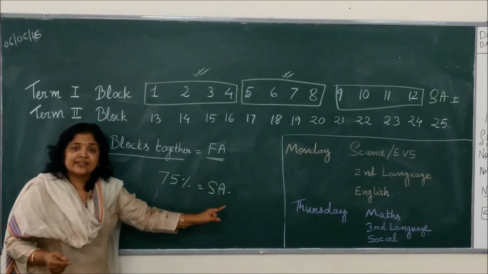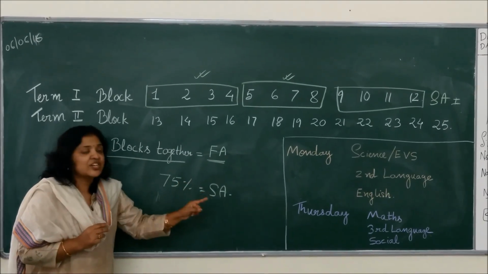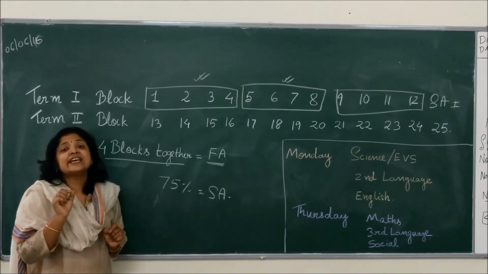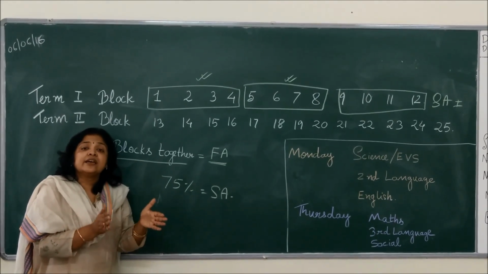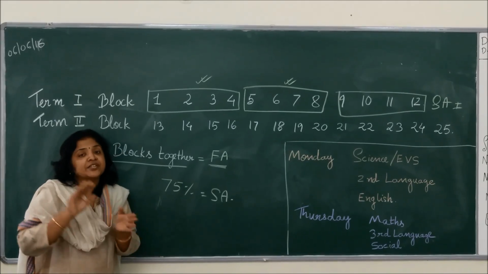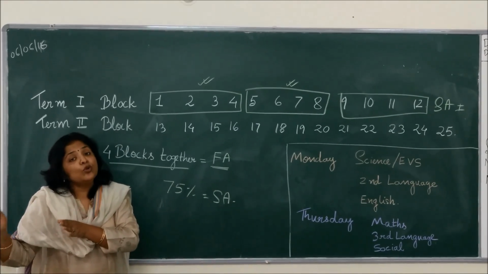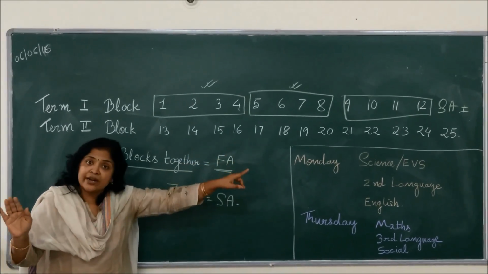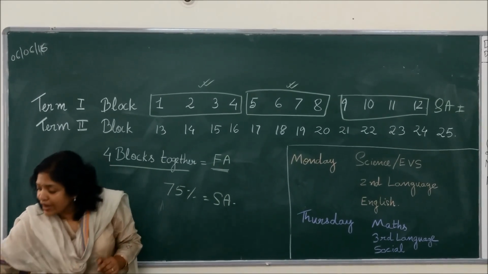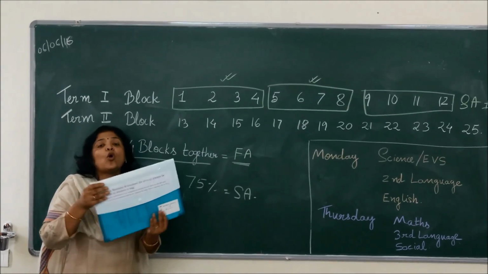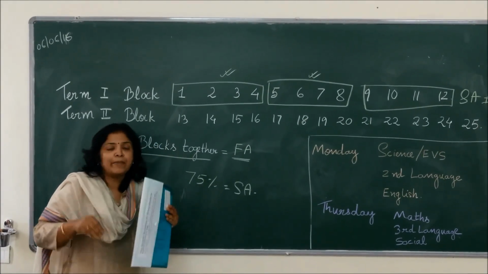Every Monday and Thursday, these 3 things the child has to do. The only thing he has to remember is to keep all these block assessment revision sheets after correction, file them at home to be prepared for SA1 and SA2 at the end of the terms, and keep the revision sheet file always in the bag.